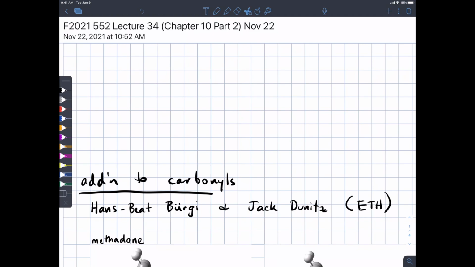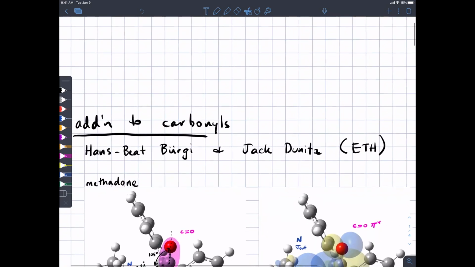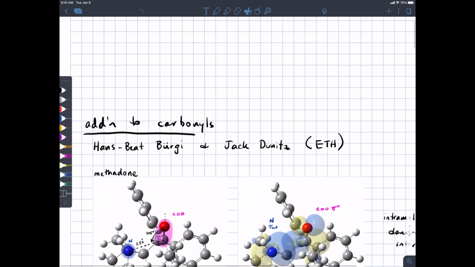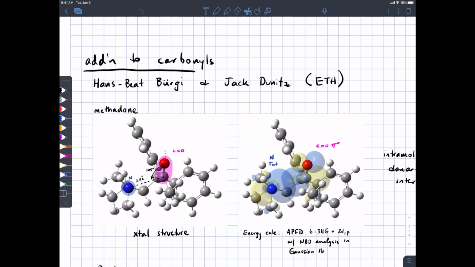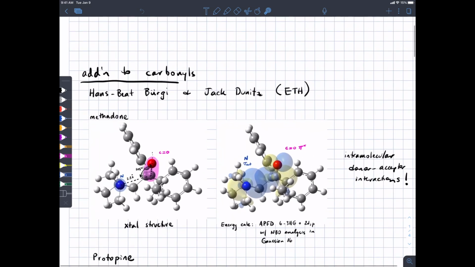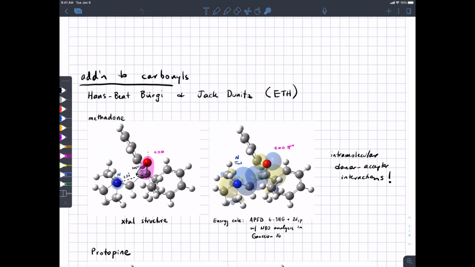probably weren't covered then. And the first comes from a couple of crystallographers, Bürgi and Dunitz, at the ETH in Zurich. That's a research institute in Switzerland. If you want to sound cosmopolitan, you can call it the ETH, because apparently that's how you say it if you speak German.